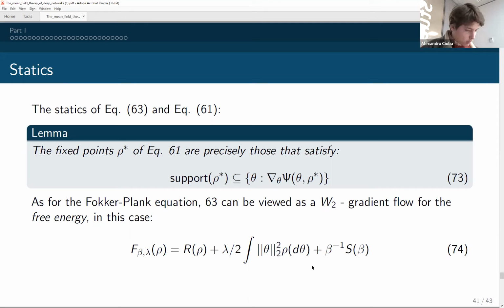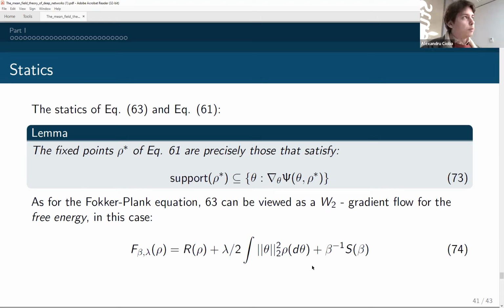Okay, so equation 63 is very well studied, and we have a very clean and nice result on the fixed points that we'll show in a second. However, the fixed points of equation 61, so that's the one corresponding to honest to God normal SGD, those aren't as easy to classify.